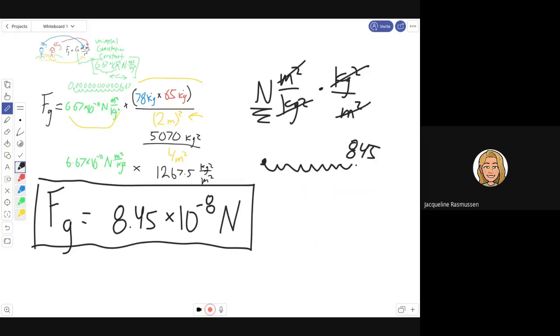New spot for the decimal. So 0.000000845 newtons. That is the force of attraction between this boy and this girl on this picnic. It's so small, and obviously they're not going to feel it.